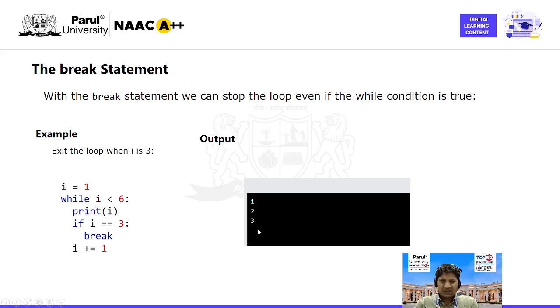You can see 4 and 5 are not printed on the output screen because when i reached 3, the break statement executed, and the break statement is used to stop the loop even if the given condition is true. Getting my point? Okay.